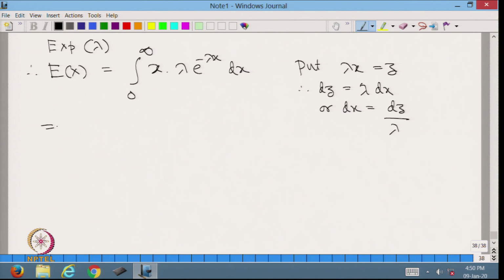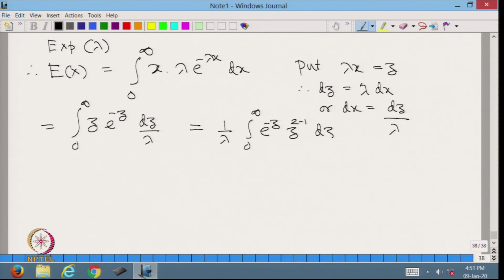Therefore, this we can write as integration 0 to infinity z e to the power minus z dz upon lambda, which is equal to 1 upon lambda integral 0 to infinity e to the power minus z, z to the power 2 minus 1 dz.